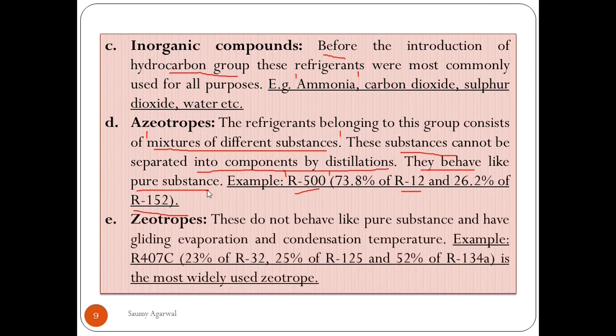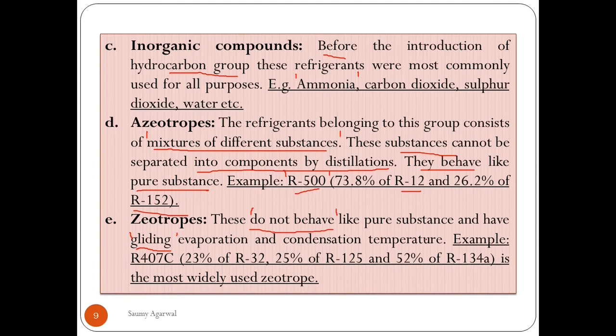The last classification of primary refrigerants is zeotropes, or zeotropic mixtures. So what are zeotropes? These are again mixtures like azeotropes, but they do not behave like a pure substance. Azeotropes behave like a pure substance, but zeotropes do not, which means they have gliding evaporation and condensation temperatures. Note this point.